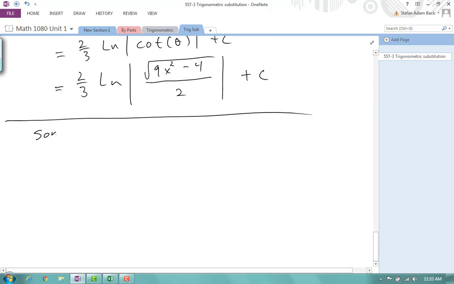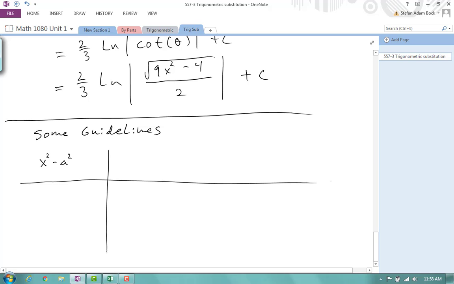Now the book has some guidelines. If we see x squared minus a squared, then we're typically going to use secant of theta equal to x over a.